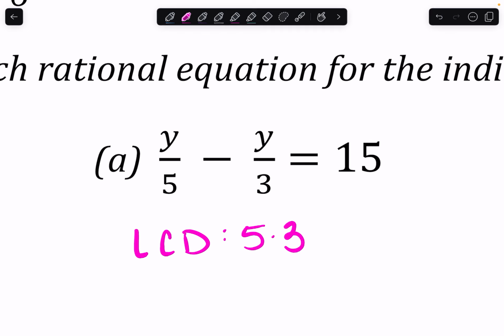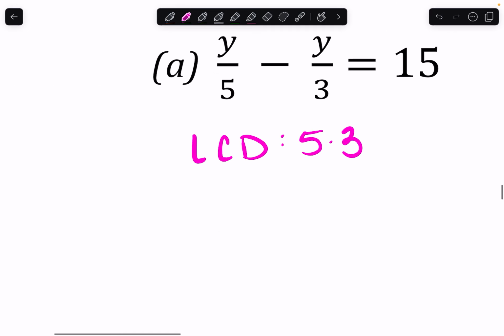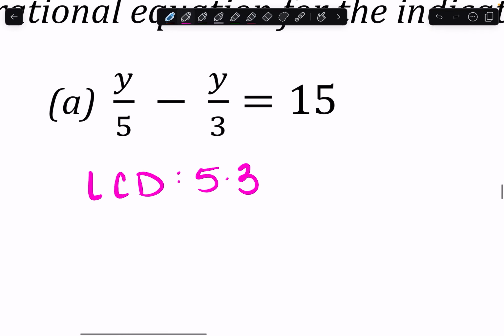So 5 times 3 is going to be our LCD. Instead of trying to get a common denominator, we want to multiply our LCD on both sides. Because it's 5 times 3, I would probably rewrite that as 15 before working with it.